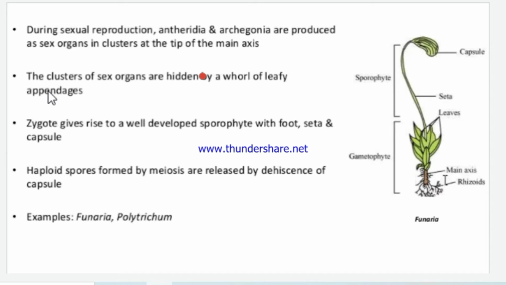And these antheridia and archegonia are present in clusters at the tip of the main axis. They are hidden here in the tip of the main axis. The zygote gives rise to a well-developed sporophyte. So this sporophyte is dependent on the gametophyte. Gametophyte is independent, but the sporophyte is dependent on the gametophyte.